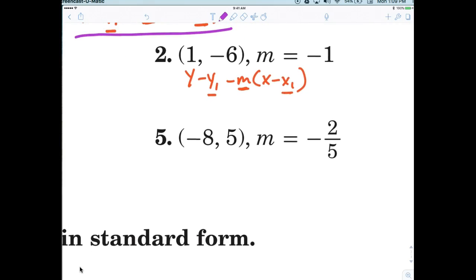It would be y minus -6 equals -1 times x minus 1. Does everybody see I put the minus negative just so you can see it? The minus and negative is obviously a what? It's obviously a plus. So is that really necessary? y plus 6 equals -1 times x minus 1.